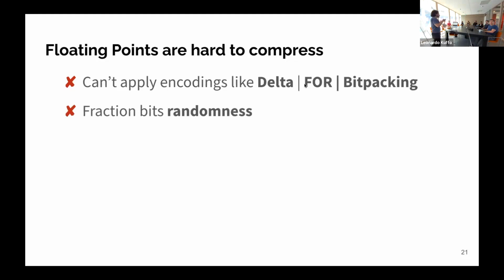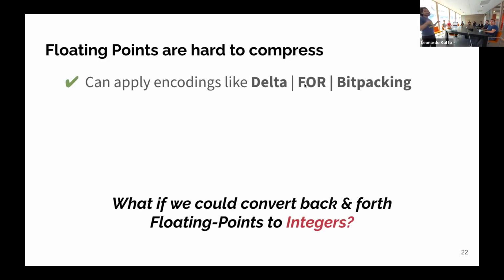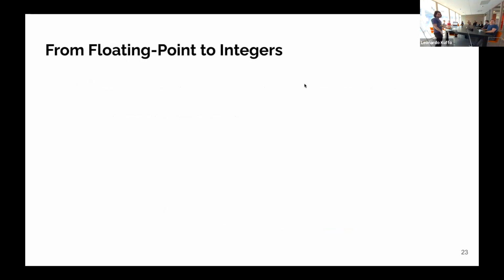And the fraction bits are very random, even though the numbers are very similar to each other. But what if we could convert these floating points back and forth to integers without losing information? Then we could apply encodings like delta or bit packing, which are really good for integers. And we also remove the fraction bits randomness because we're dealing with integers instead of this floating point representation.